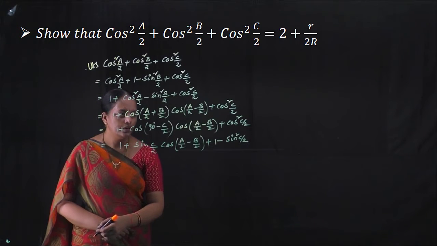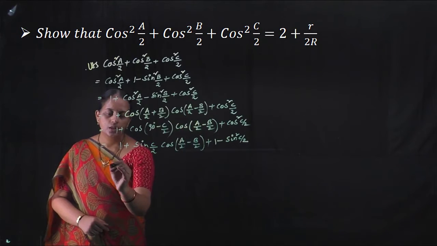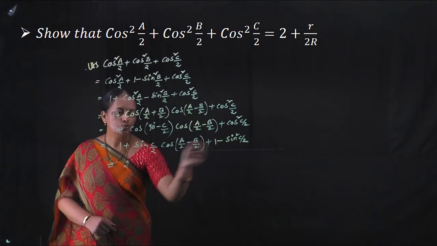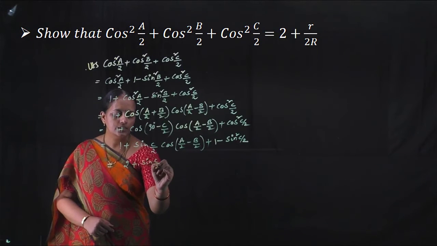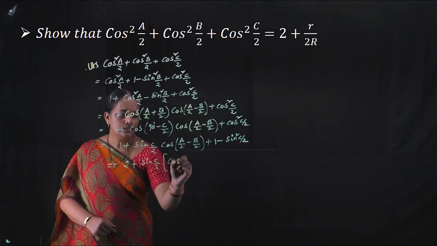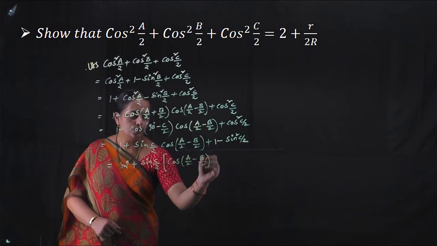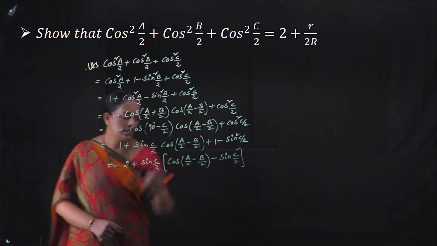From that, we can write cos square C by 2 is equal to 1 minus sin square C by 2. Here 1 plus 1 is 2, and from these two terms we can take sin C by 2 as common: sin C by 2 into cos of A by 2 minus B by 2 minus sin C by 2.